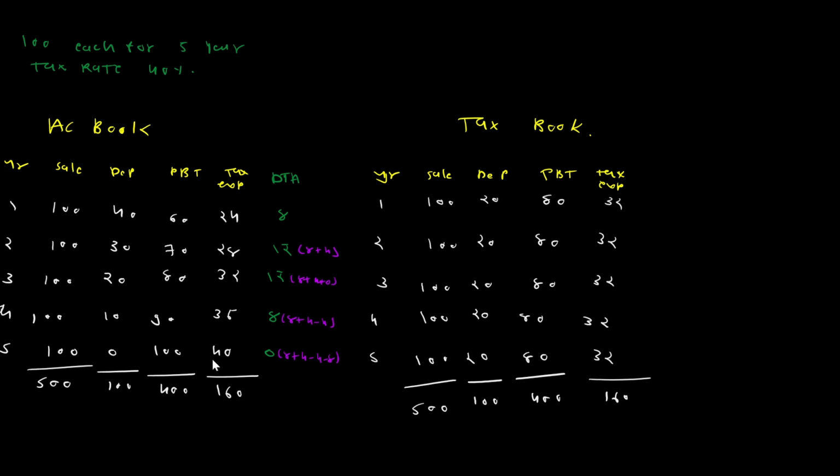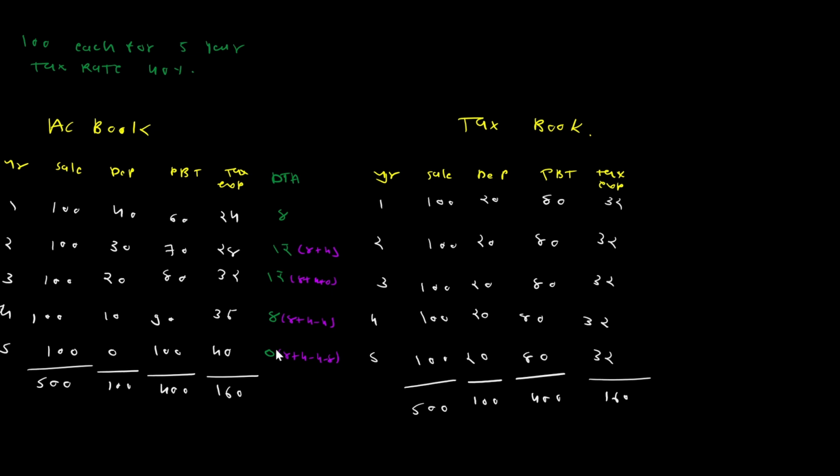In the last, fifth year, my depreciation is 0 in the accounts book, my PBT is 100 and tax expense is 40 as per the 40% tax rate. And in the tax book, 80 is PBT and 32 is tax expense. So I have paid 8 less but I showed 8 more in the tax expense. So 8 will be the reversal of the DTA.